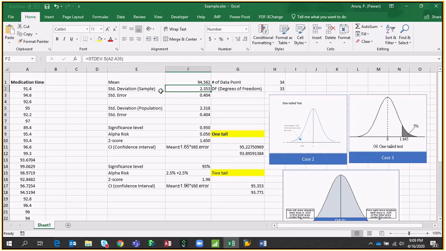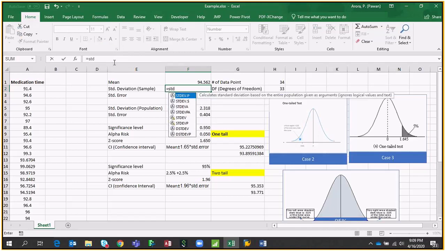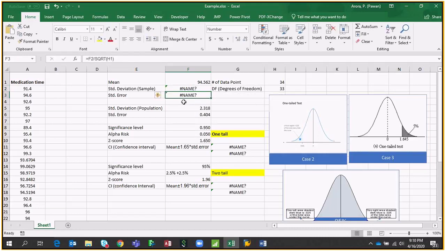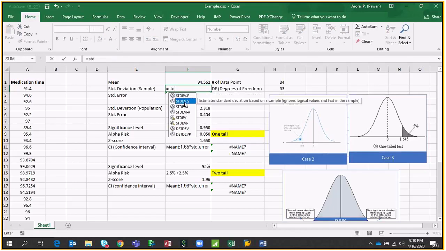Let's go to the next one, standard deviation. I hope everybody knows standard deviation and how to calculate the standard deviation. So in Excel, there are two formulas. One is called standard deviation for sample, which is nothing but STDEV.S, or if I press standard, you can find STDEV.S, which is for sample, and STDEV.P for population.